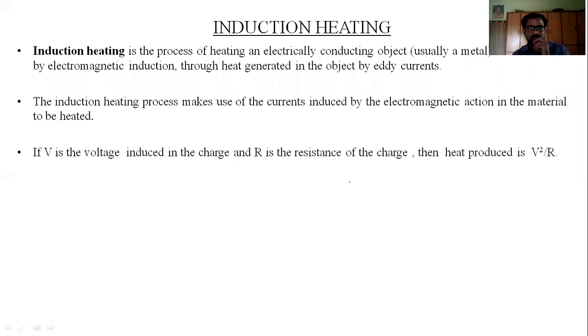Here V is the voltage induced in the charge you would like to heat up, and R is the resistance of the charge. The heat produced is V square by R.